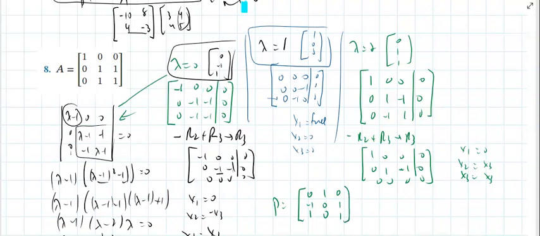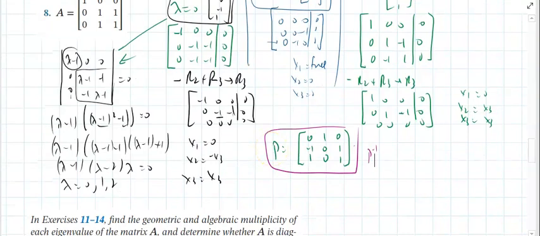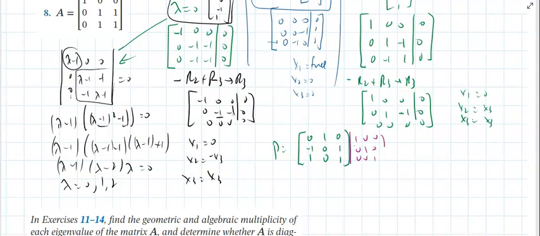Now the problem on your homework, P works out to be very nice. Finding the P inverse of this, you know how that works. That's going to be a bit of work. You can list 1, 0, 0, 0, 1, 0, 0, 0, 1 and do your work until you get the identity on the left, and that will be your P inverse. The problem on the homework works out very nice.